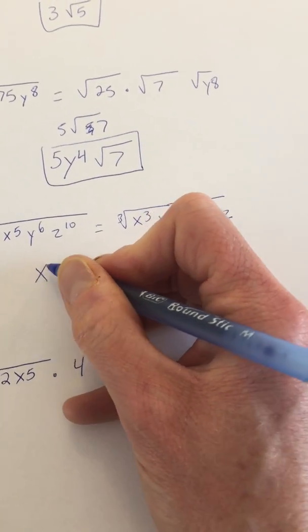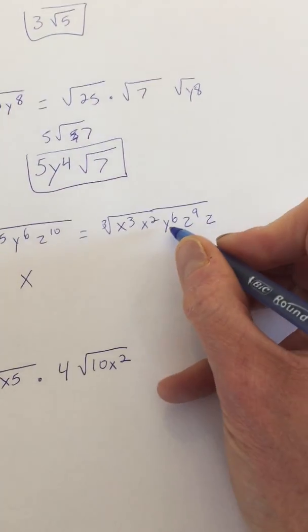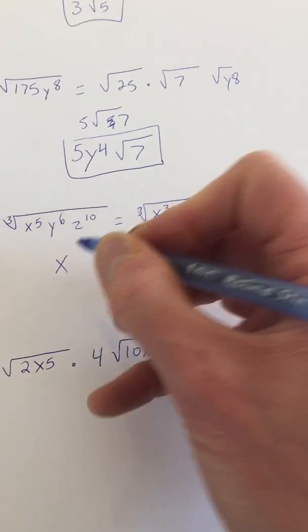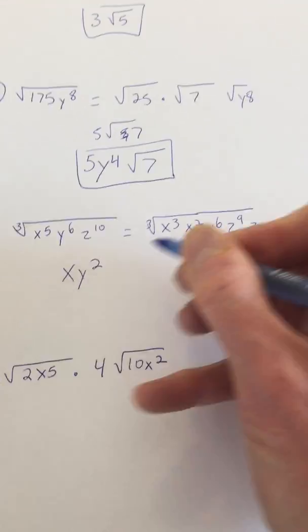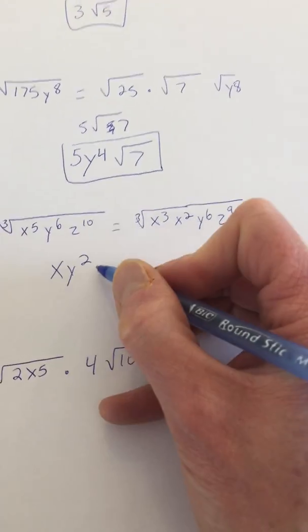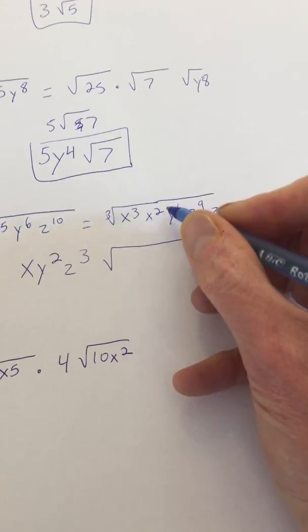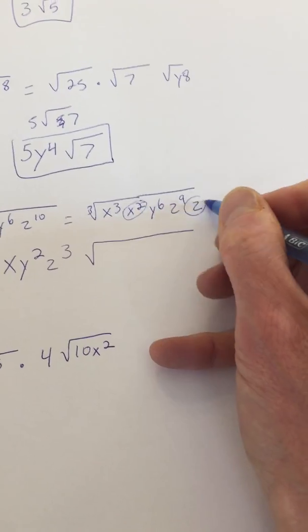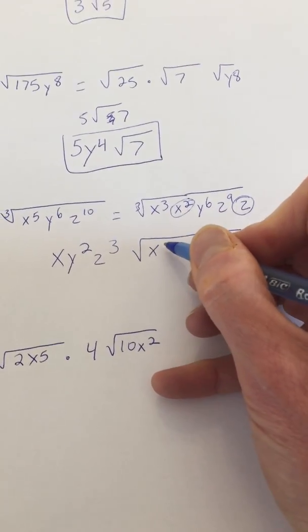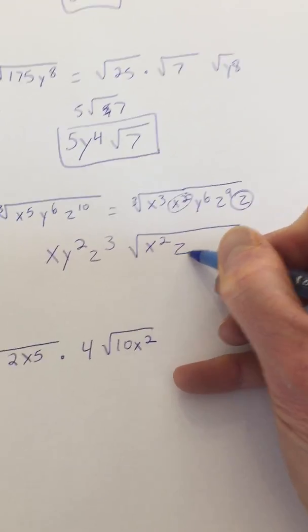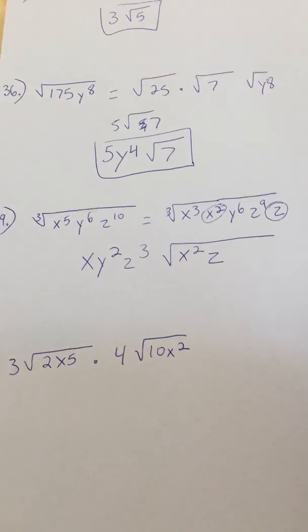So I'm going to pull the x out, and I'm going to pull the y out, and the y is going to be y to the 2nd. And then the z is going to be z to the 3rd. And then everything that's inside is going to be these extra guys. So x to the 2nd and a lone z.